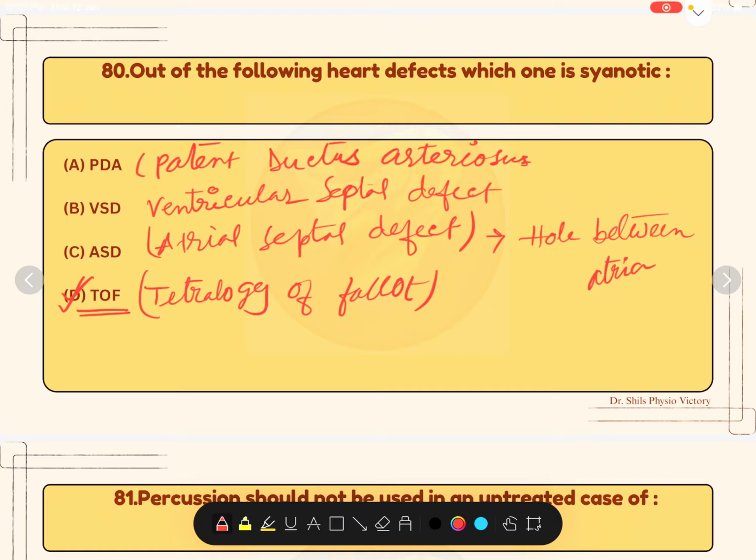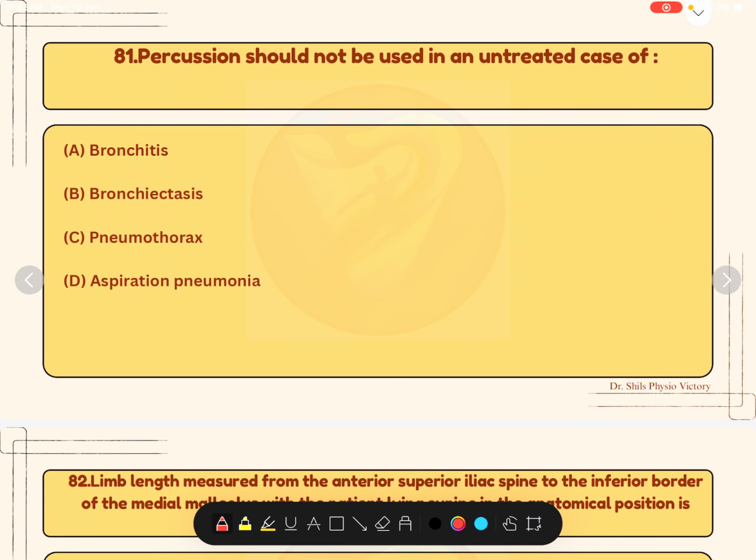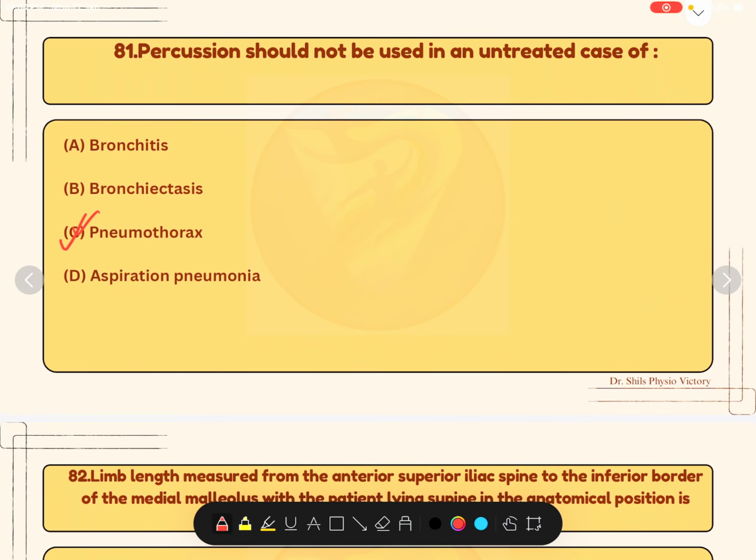Next, come to question number 81. Percussion should not be used in an untreated case of option A, bronchitis, option B, bronchiectasis, option C, pneumothorax, option D, aspiration pneumonia. Here, the correct answer is option C, pneumothorax.